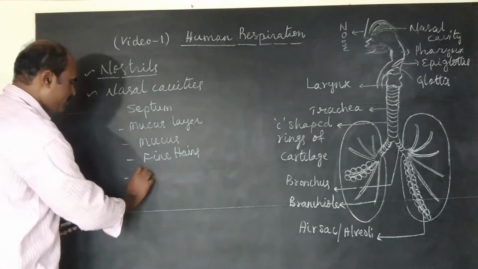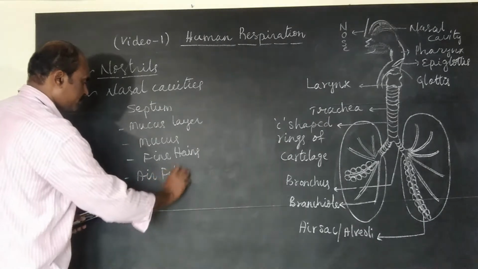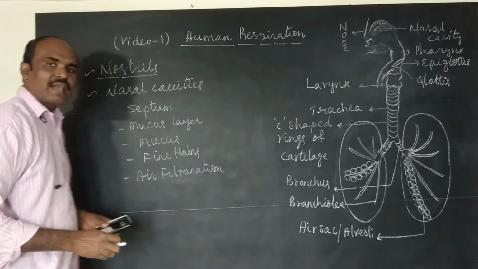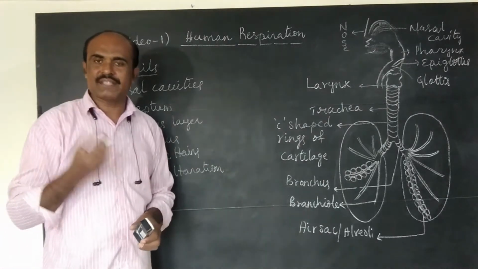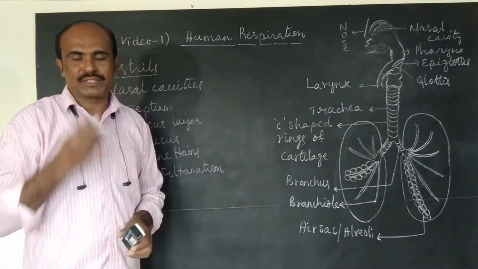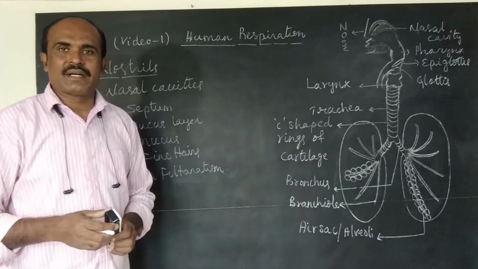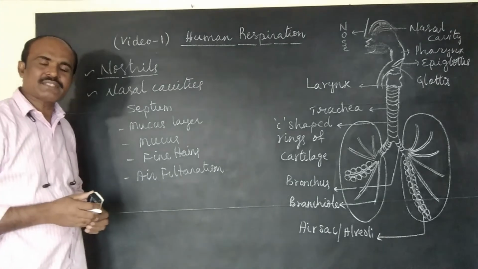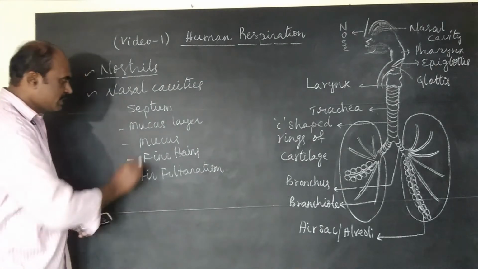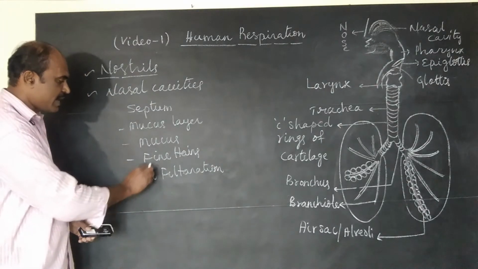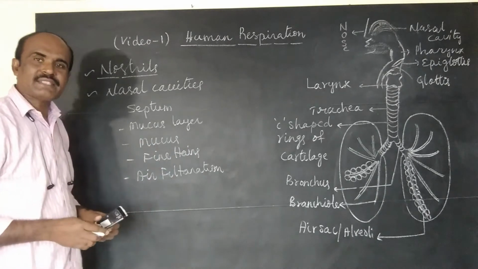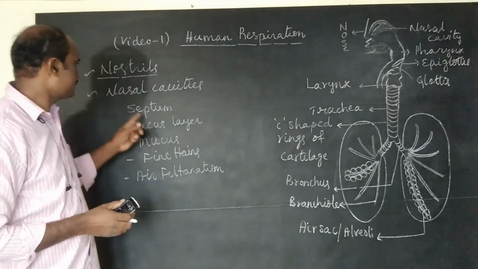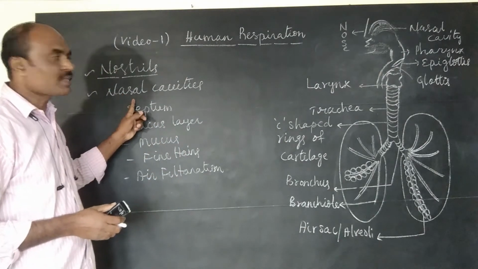So, air filtration. The air we inhale contains dust and some harmful substances, so they are to be filtered. Therefore, to filter this dust and foreign substances, this mucus layer as well as these hairs present in the nasal cavity help you a lot. So this is what happens in nasal cavities.